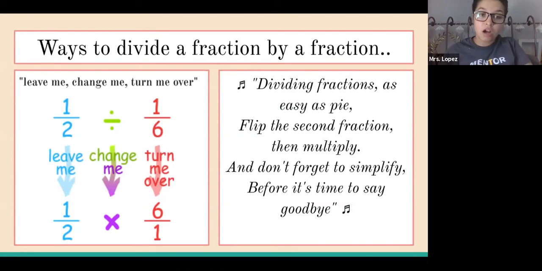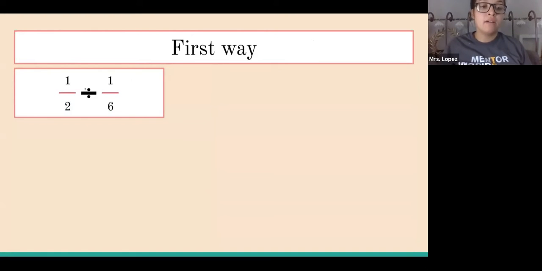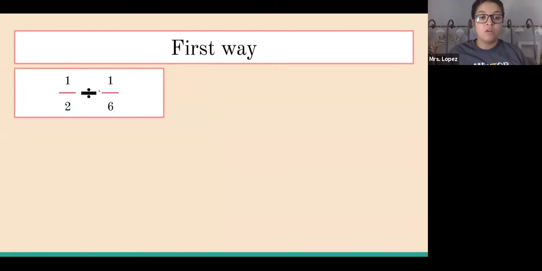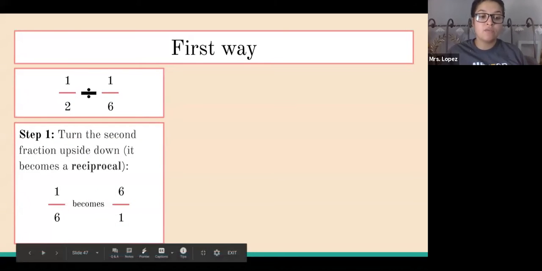So those are our two ways that we have here for dividing fractions. And I'm going to show you my way on how I divide a fraction, and I'm going to show you a model as well. So we have 1/2 divided by 1/6. In our first step, we're going to turn the second fraction upside down, and it becomes its reciprocal.